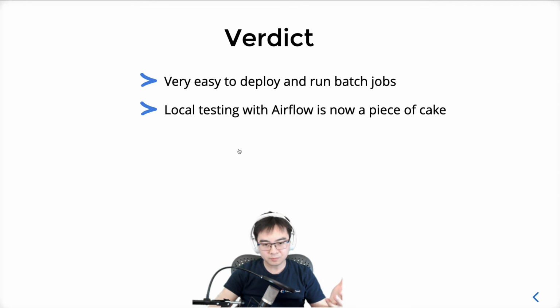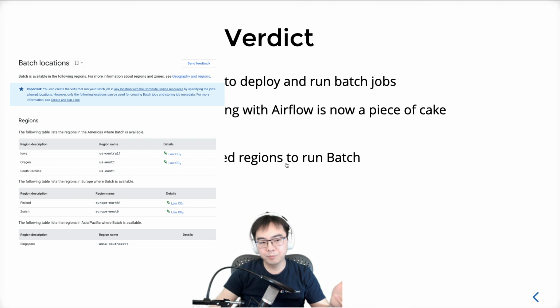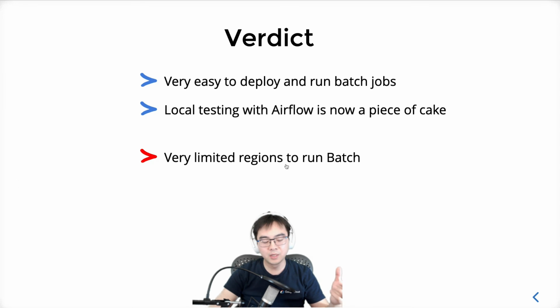And then the downside, I don't know exactly why, but the regions are very limited on where you can run the batch service. There's only a few of them, but it doesn't actually matter too much because that's where the metadata gets stored.